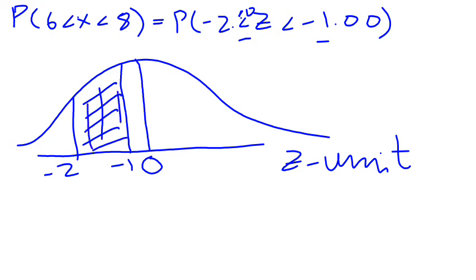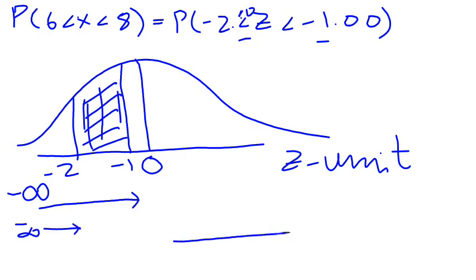We will find this area through the z table. I will show you in the next slides how to use the z table. Whenever we see area, listen to this point very carefully. Whenever we see a value in the z table, it always gives us the value from minus infinity to that point. For example, the value for minus 1 is from minus infinity to minus 1, and the value for minus 2 is from minus infinity to minus 2.